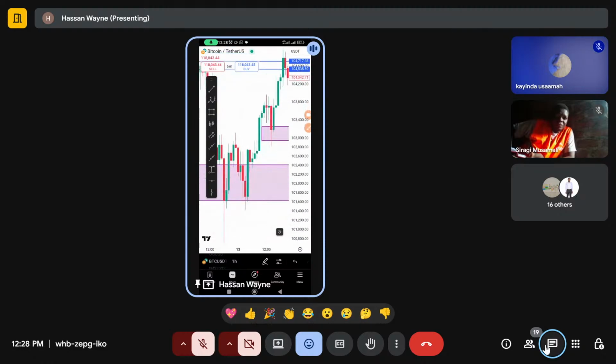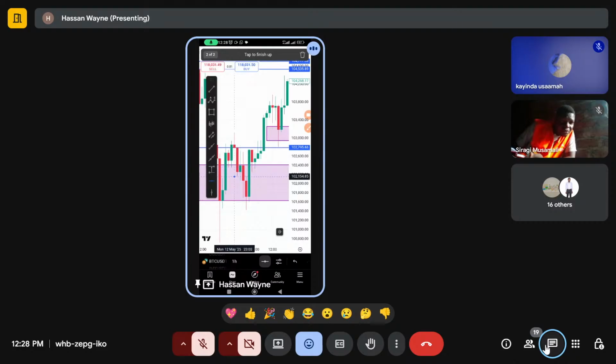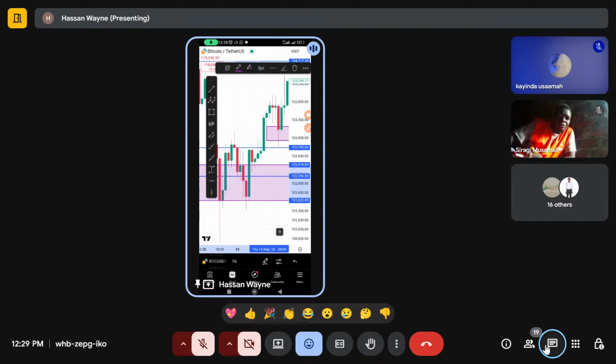Like even here, there's an evening star here. So me, I'll just come and draw my support and resistance on the top of this third candle, the red bearish candle. And I wait for the candle to break.